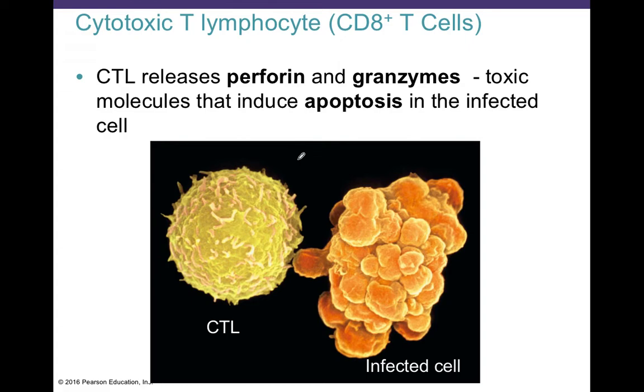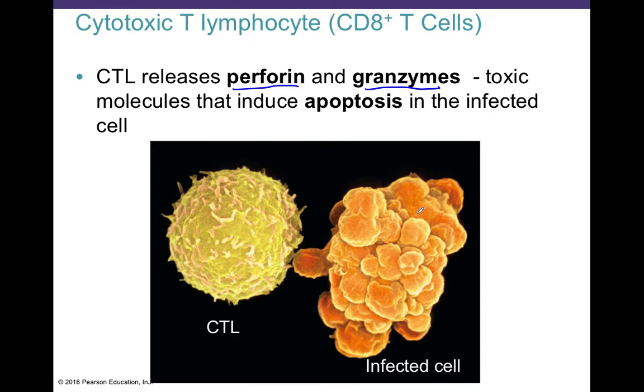These cytotoxic T cells release these enzymes called perforin and granzyme. And these enzymes are toxic to all cells of the body. And so they've got this targeted attack specifically aimed at that cell that they're binding to.